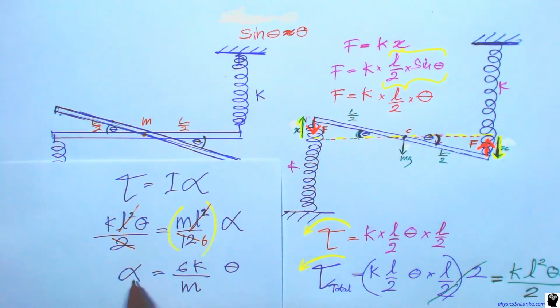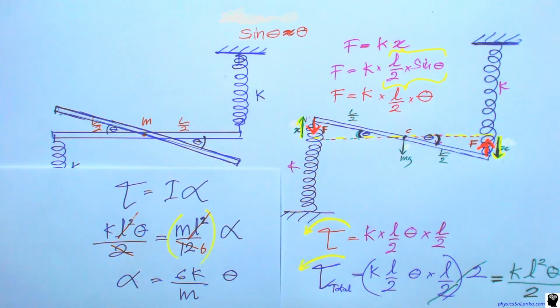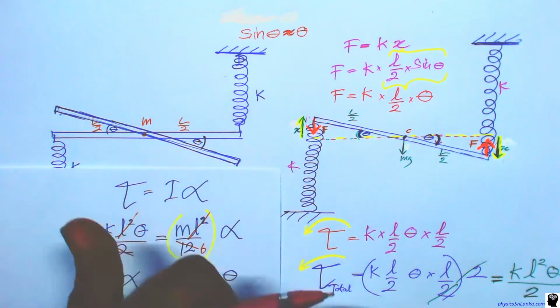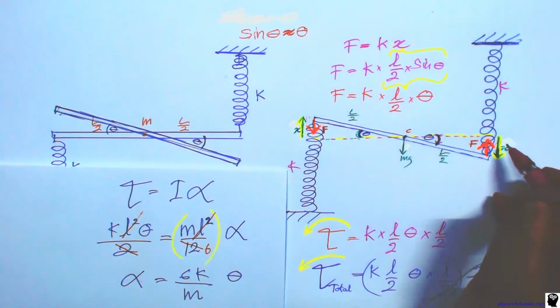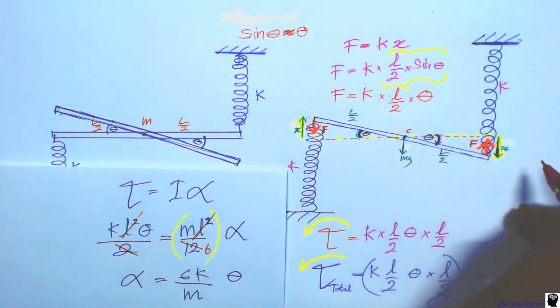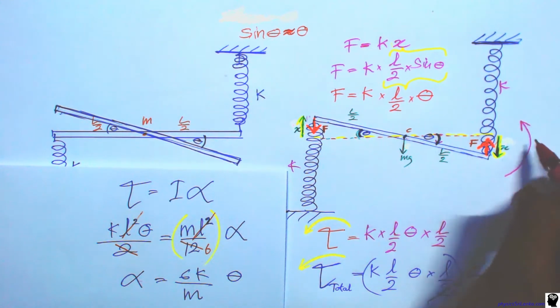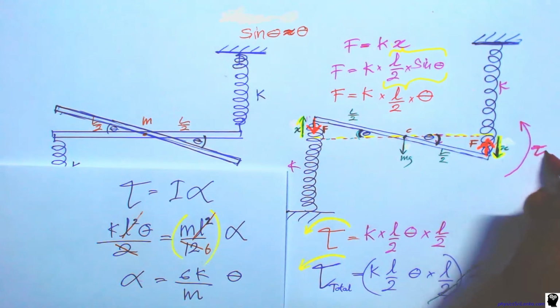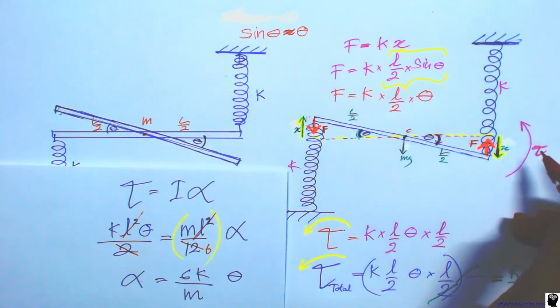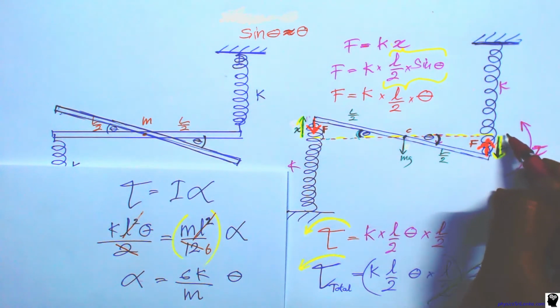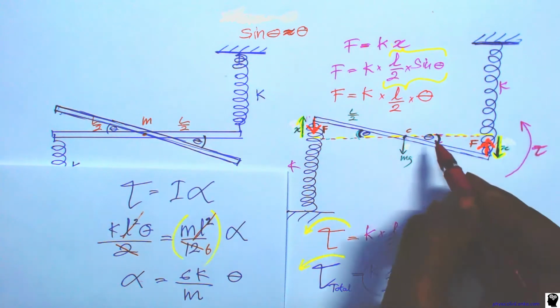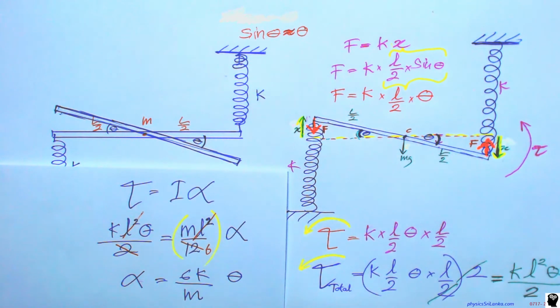In the equations we are using, there are a lot of vectors. But consider one thing: all the vectors in your equation must act in the same direction. It may be left or right, it may be counterclockwise or clockwise. In this case, the angular displacement is measured clockwise, but the torque would be counterclockwise. Yes, we know in simple harmonic motion, the force will act opposite to the displacement, and torque will act opposite to the angular displacement.